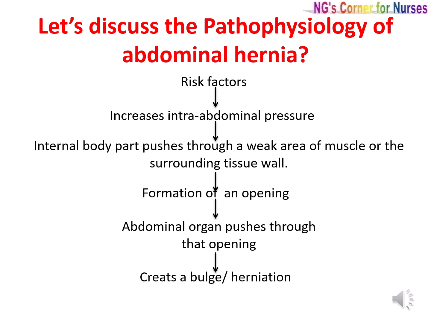Let's discuss the pathophysiology of hernia. In the previous slide, we have already discussed the risk factors of developing hernia. Those risk factors lead to increased intra-abdominal pressure. And when the intra-abdominal pressure increases, the internal body parts push through a weak area of muscle or the surrounding tissue wall.